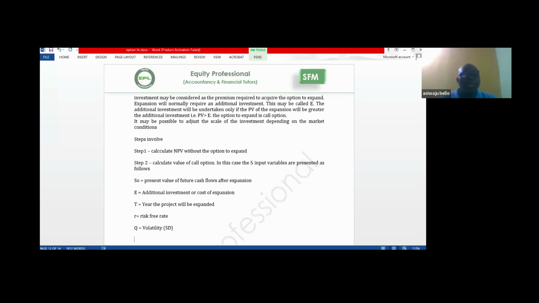Then the final step, step 3: calculate NPV with option to expand.